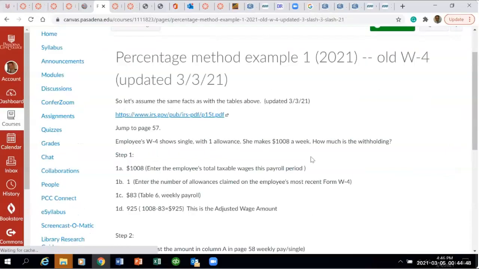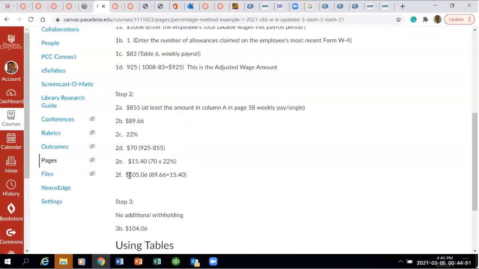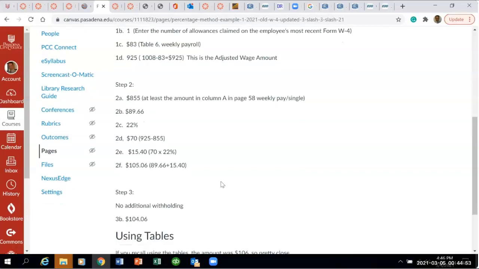Okay, so far in step 2, the tax is 105.06.